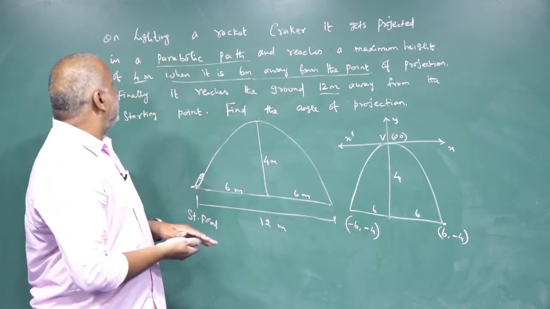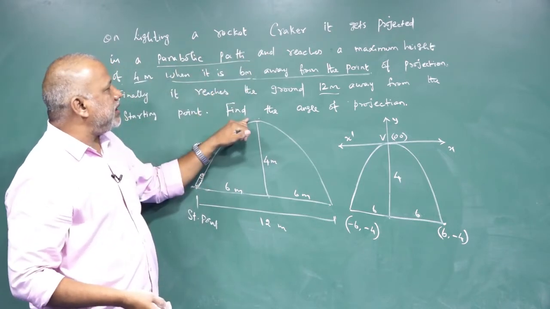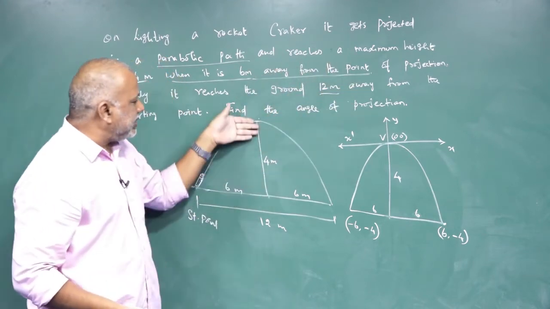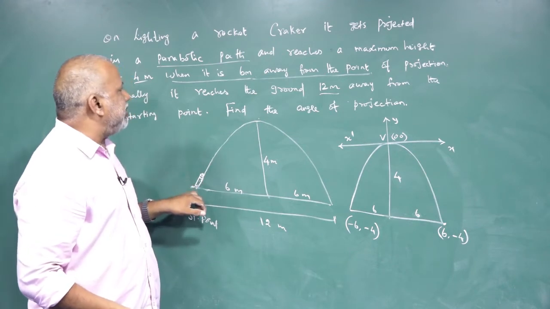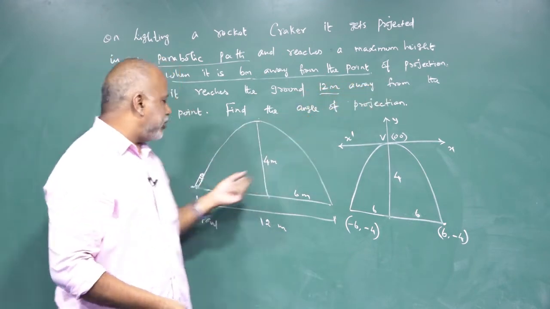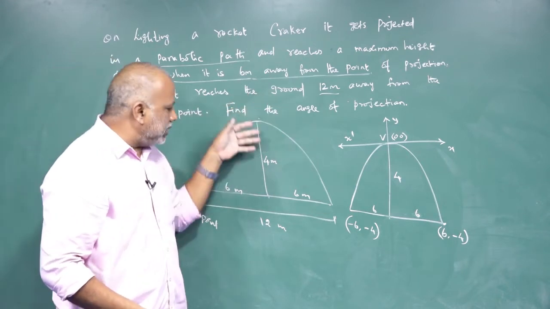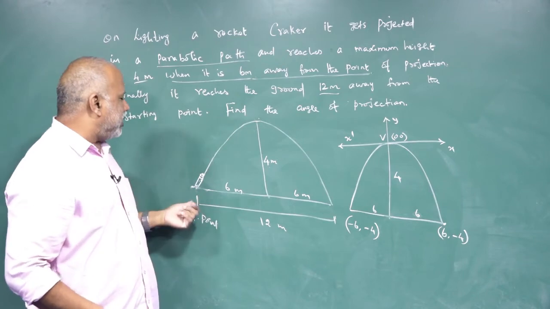See once again, on lighting a rocket cracker, it gets projected in a parabolic path and reaches the maximum height. This is the maximum height, 4 meter, when it is 6 meter away from the point of projection. This is the point of projection. Finally, it reaches the ground 12 meter, so total is 12 meter away from the starting point.